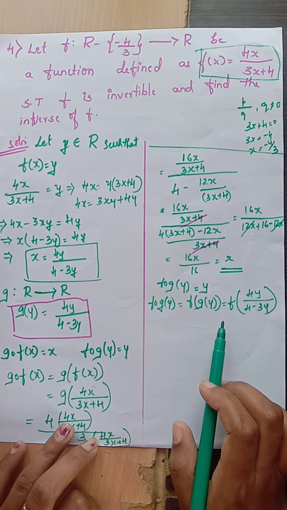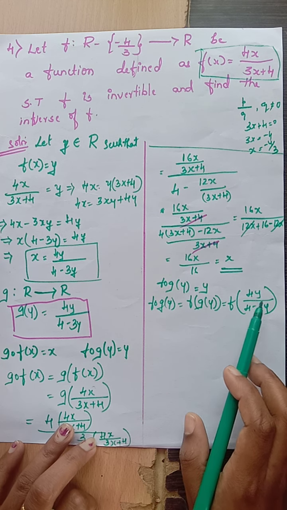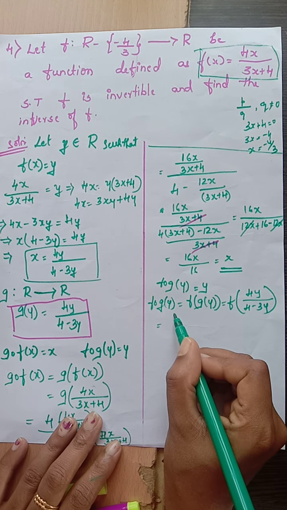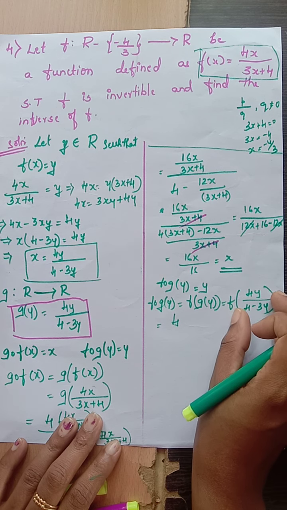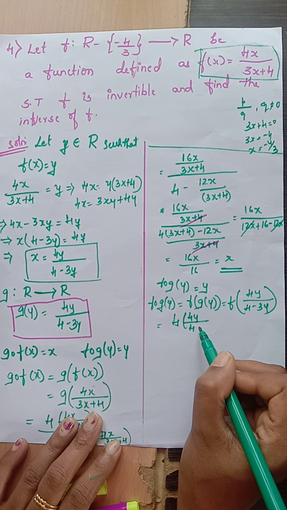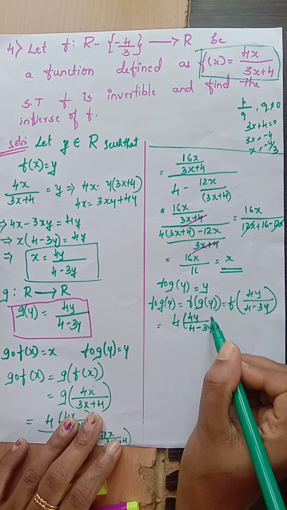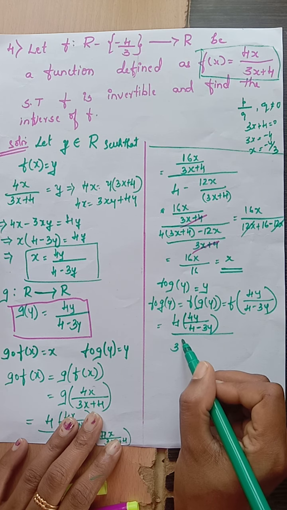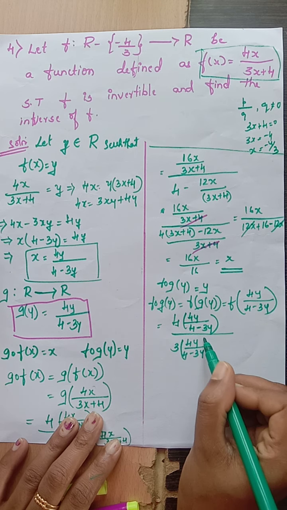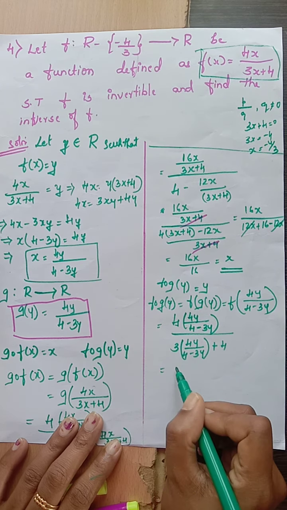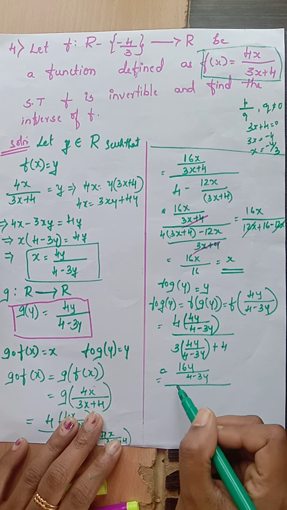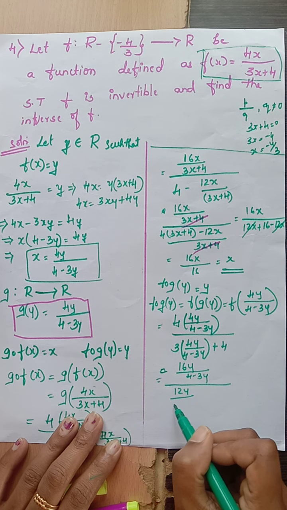So that is equal to, what we'll get? 4 into x we should have, but instead of x I have 4y divided by 4 minus 3y, whole divided by 3 into, again instead of x it is 4y divided by 4 minus 3y, plus 4. So that is 16y divided by 4 minus 3y, whole divided by 12y divided by 4 minus 3y, plus 4.